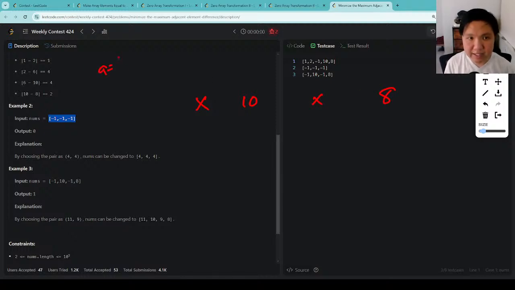I could choose a and b. So how do I minimize x and 10 and 8? Well, the difference between them is 2. So I'm going to take 10, 2 divided by 1, and this should be 9. Add to a smaller one, this should be 9. Okay, so this would minimize the difference between them.